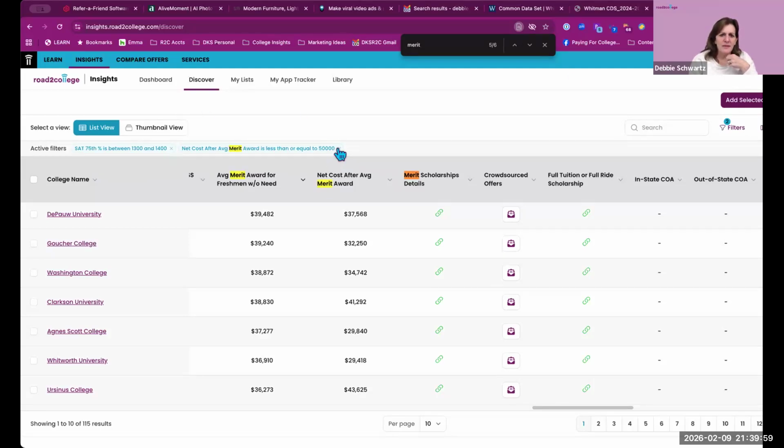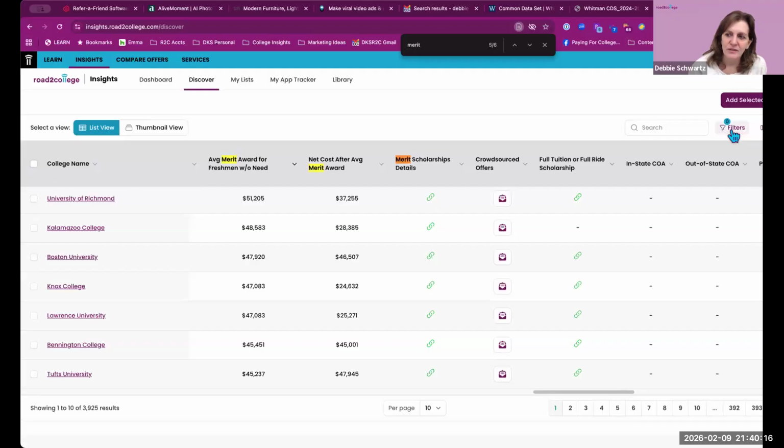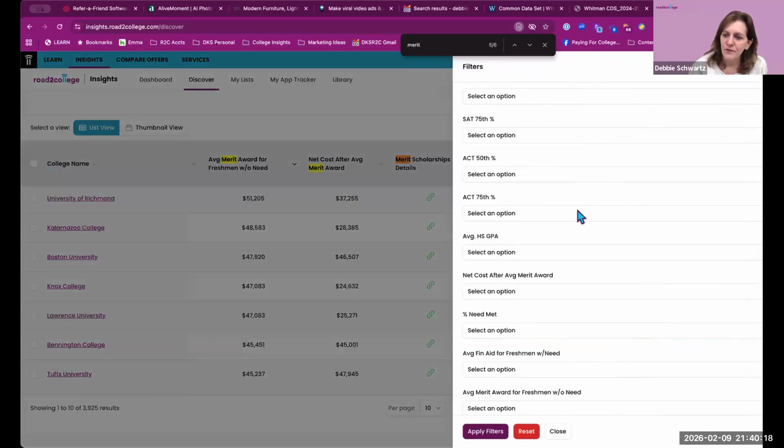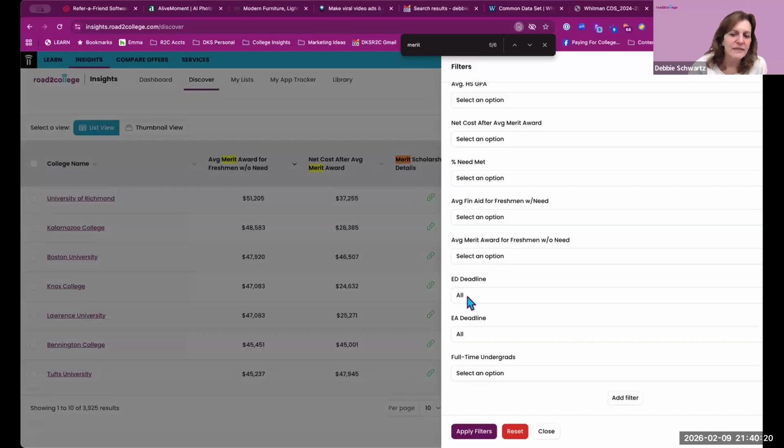I just want to show you some of the admission information, because it's important to also look at the schools that offer early decision and what that information looks like. One of the filters is also early decision.